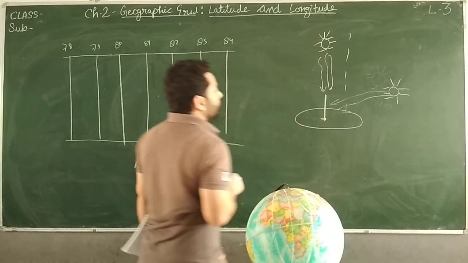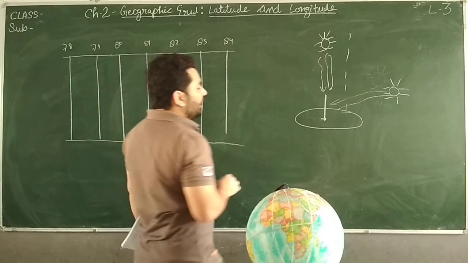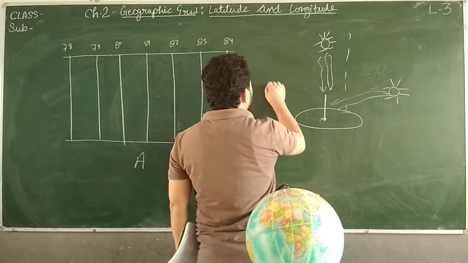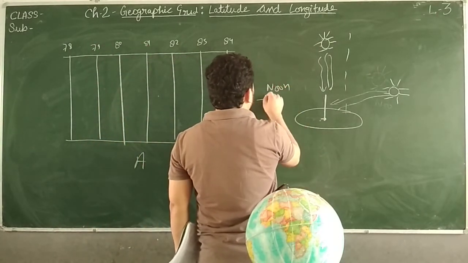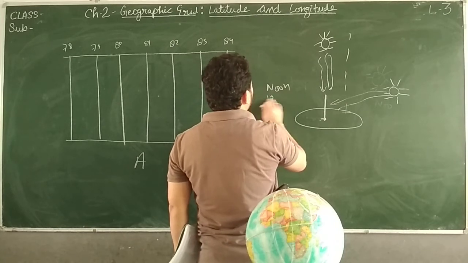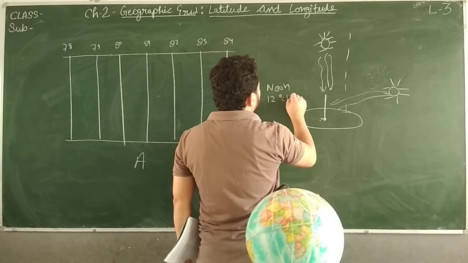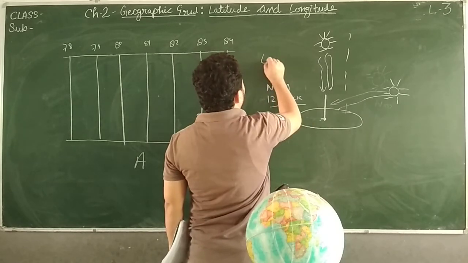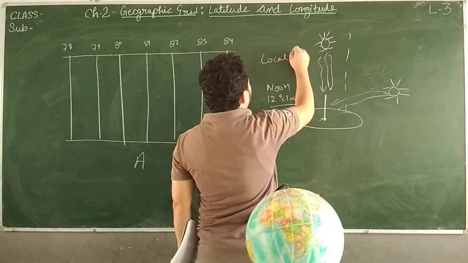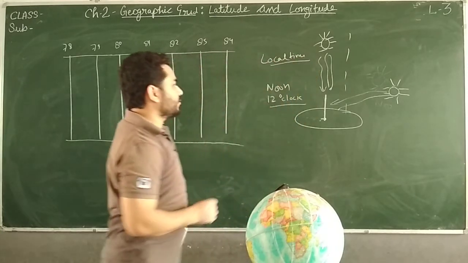That time is called noon time, the actual 12 o'clock. This is called the local time of a place.